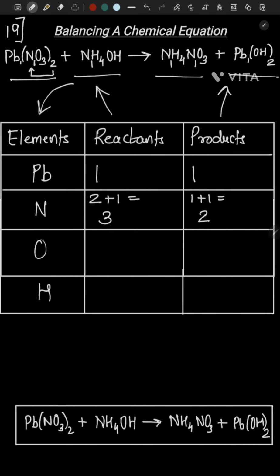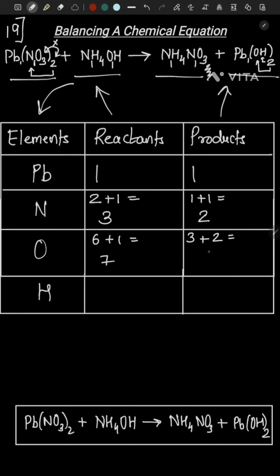Moving on to oxygen, as I said, this 3 and this 2 will get equally multiplied. So oxygen: this 3 times 2 is 6, plus 1, so it will be 6 plus 1, that is 7. On the right hand side we have 3 oxygen here plus this 2, which gets equally distributed to both of them, so 2.